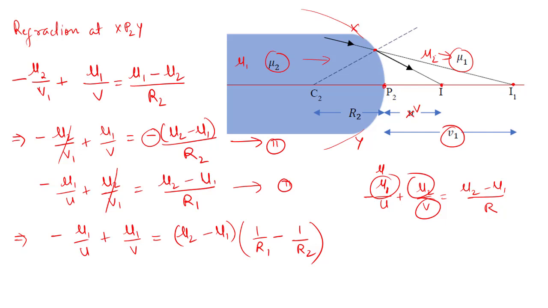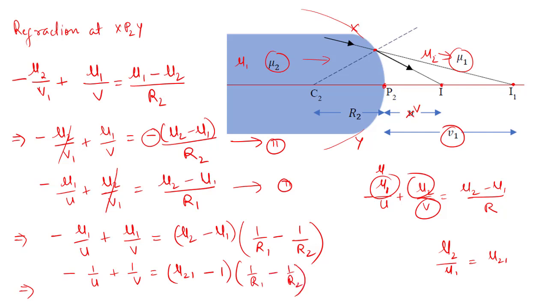Here let us divide both sides by mu1. What do we get? It will be 1 by v minus 1 by u equals mu2 by mu1, which is mu21, minus mu1 by mu1, which is 1, times 1 by r1 minus 1 by r2. We have this formula.